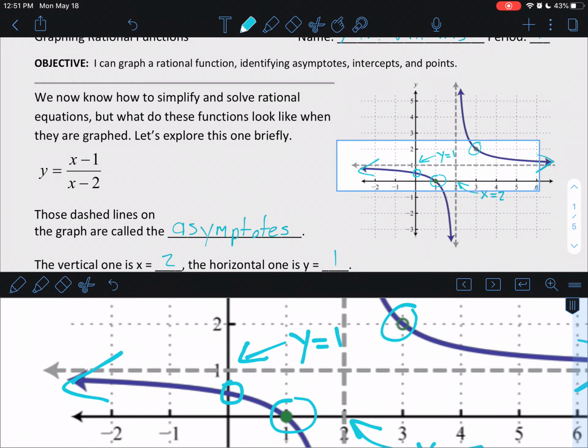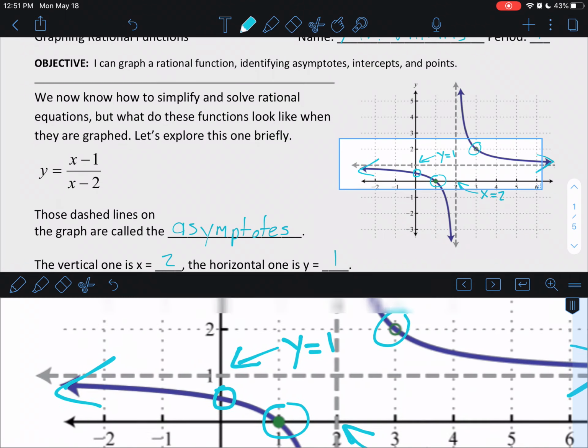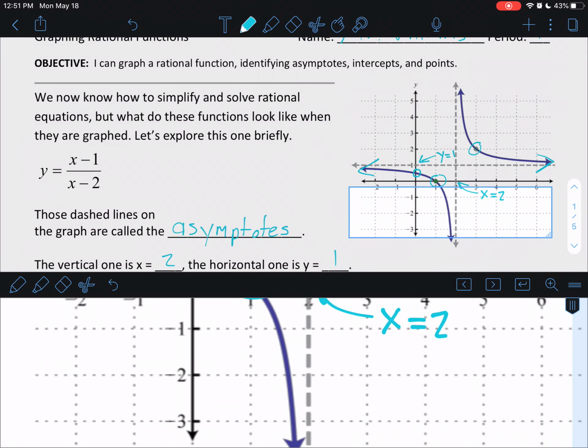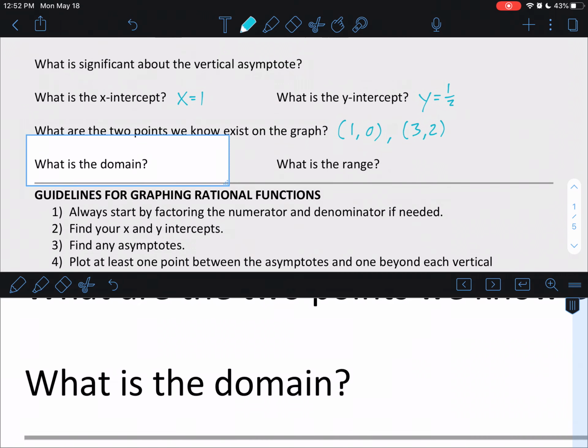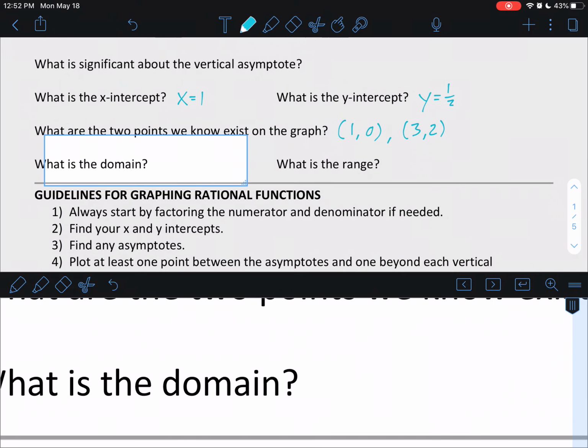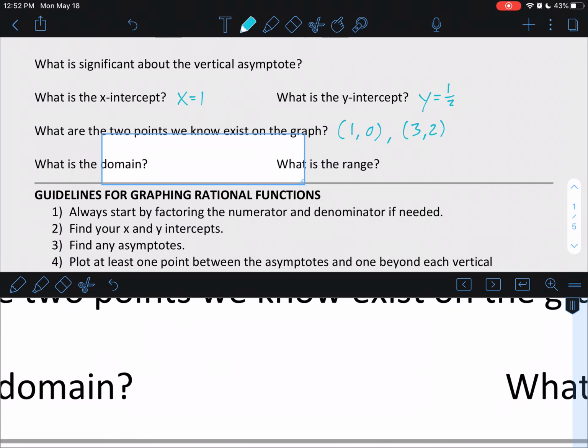It's not that bluish purplish line. It's a gray line, which means it's not actually there. So x equals 2 is not part of the domain, but everything else is. So the domain is everything but x equals 2. The way we're just going to say this is x does not equal 2. Because x can equal everything else, but x does not equal 2.